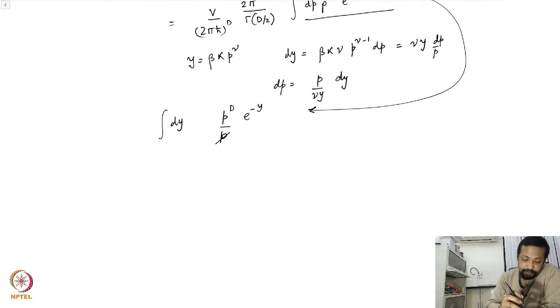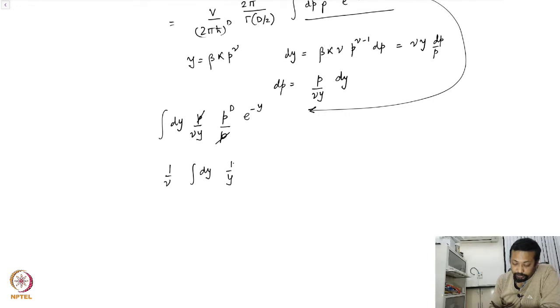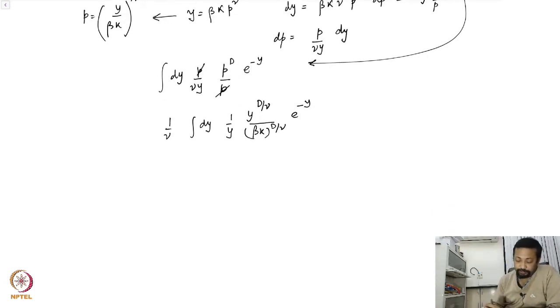So I will have p over nu times y, and this p cancels out, so you will be left with dy, 1 over nu, 1 over y, and from this p is y over beta kappa raised to the power 1 over nu, so y to the d by nu over (beta kappa) to the d by nu, e to the power minus y.